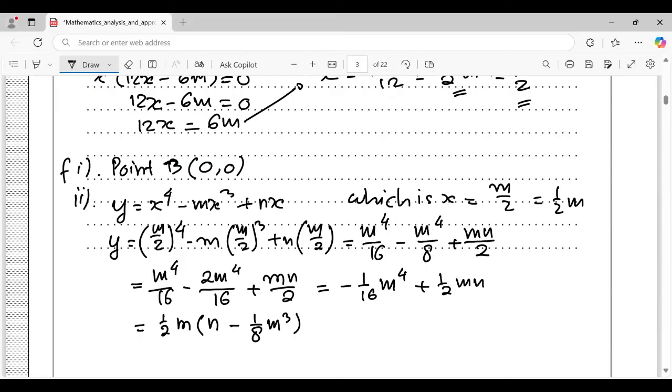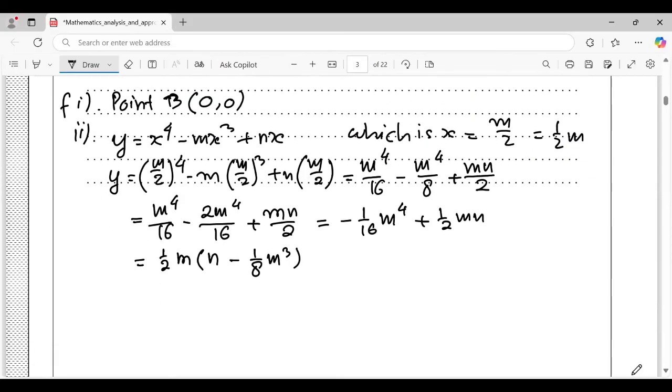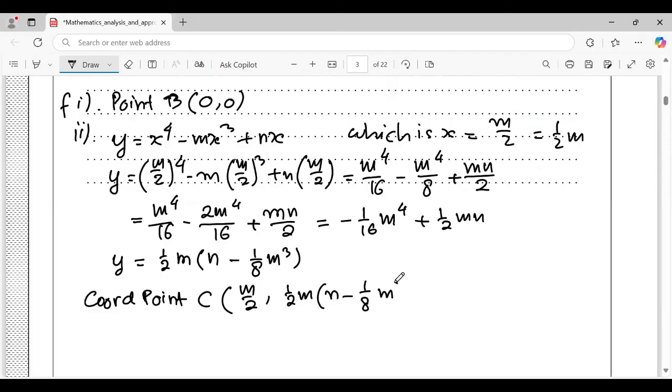So the coordinate point C is x equals m half, and y equals half m times n minus 1 over 8 m cubed. This is x and this is y.